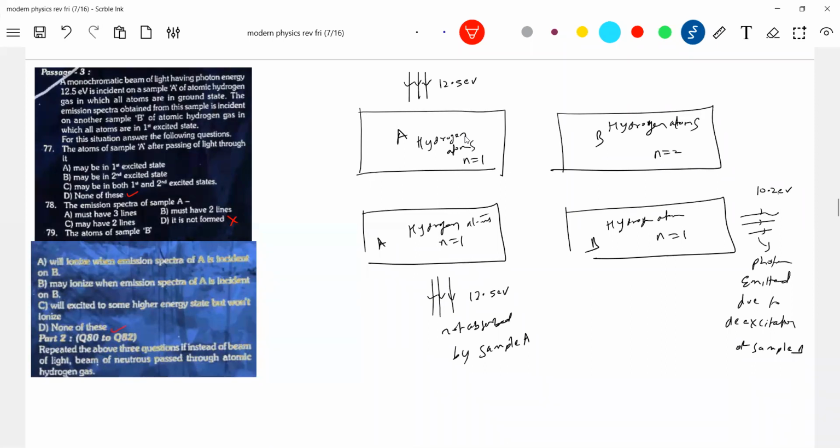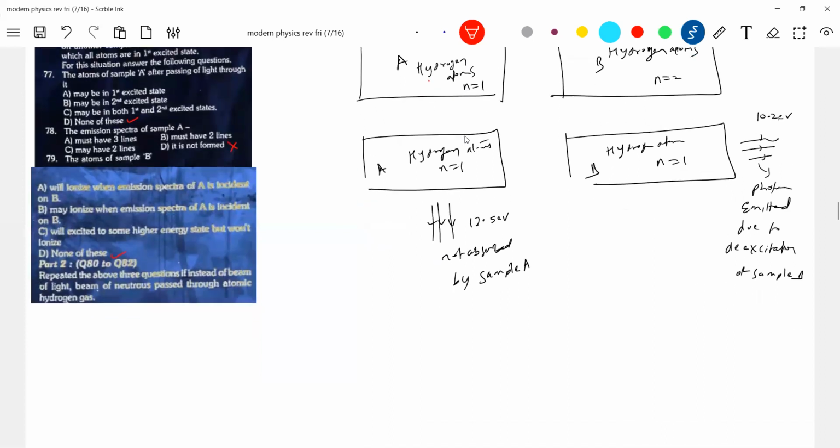Okay, now part 2. Repeat the above 3 questions if, instead of a beam of light, a beam of neutrons is passed through atomic hydrogen gas. Same thing. Now what can result?